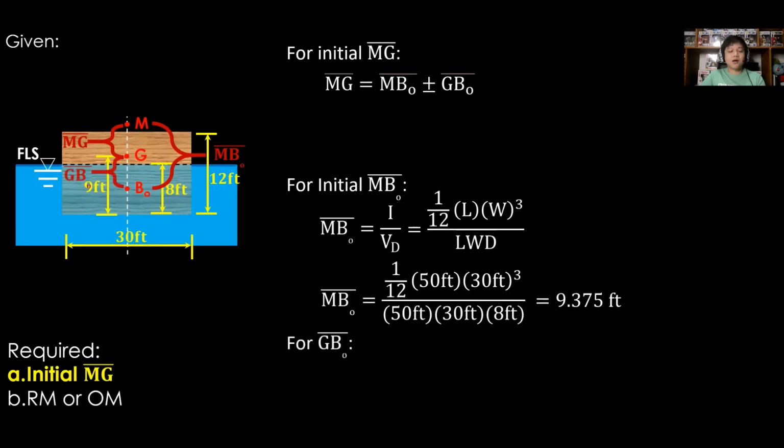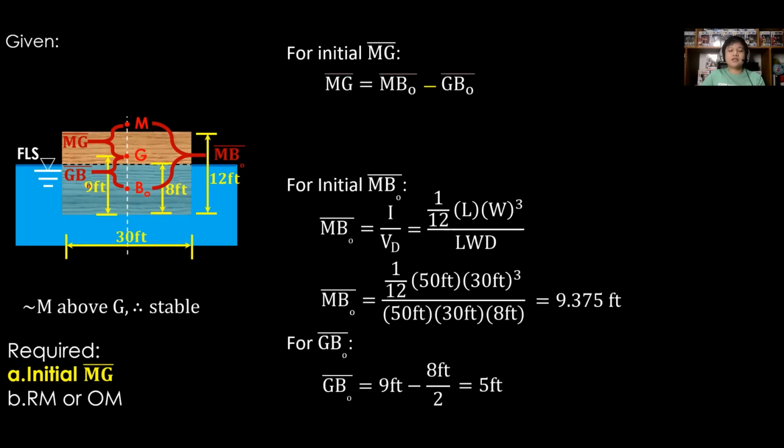For GBO bar, based on the diagram, G from the base is 9 feet. Then for BO, from the base, it is half the draft, that is 4 feet. Therefore, GBO bar is 5 feet. For this case, indeed the assumption that M is above G is correct by inspecting the MBO bar and GBO bar values.